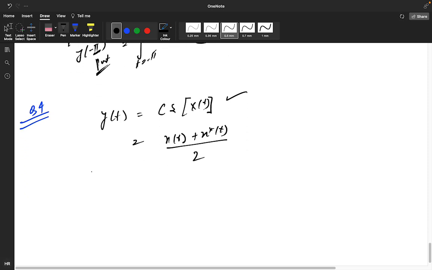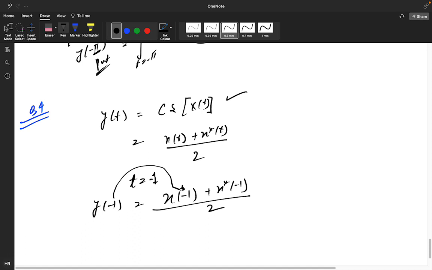So when you put t equal to minus 1, y of minus 1, what are you getting? x of minus 1 plus x conjugate of minus 1 divided by 2. This is your minus 1 you are putting.